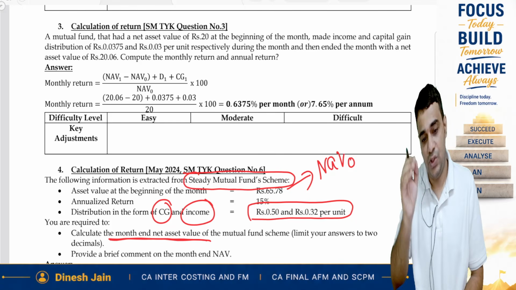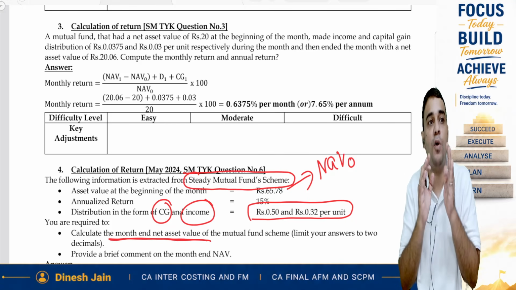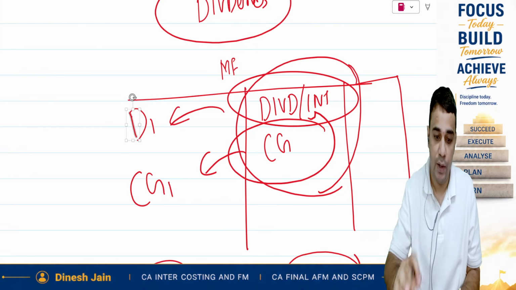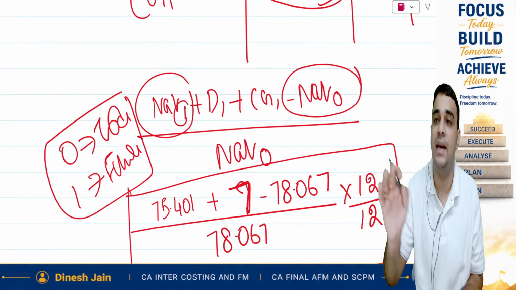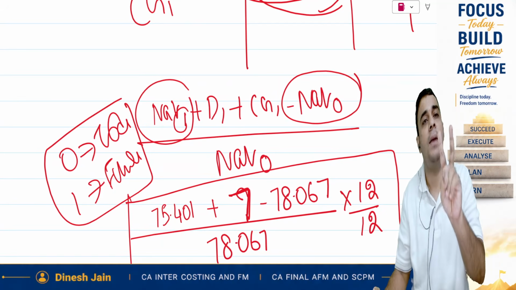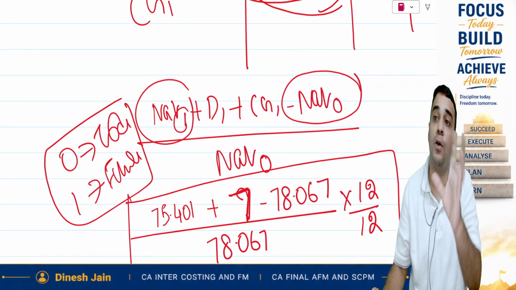Calculate the month end NAV of the mutual fund. Listen. Generally, we do a forward working question, which is to apply the formula and get the return. Of late, 20 marks of the paper becomes reverse working.